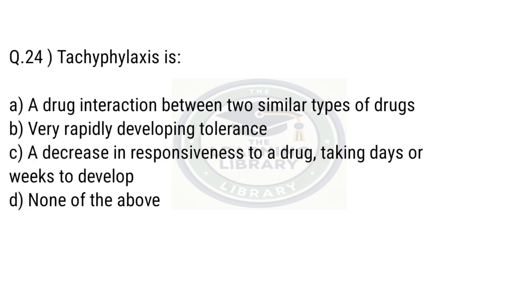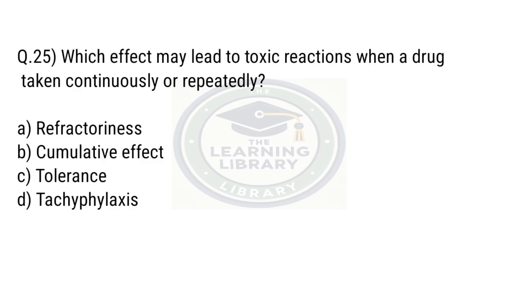Question number 24. Tachyphylaxis is. The right answer is option B, very rapidly developing tolerance. Question number 25. Which effect may lead to toxic reactions when a drug is taken continuously or repeatedly? The right answer is option B, cumulative effect.